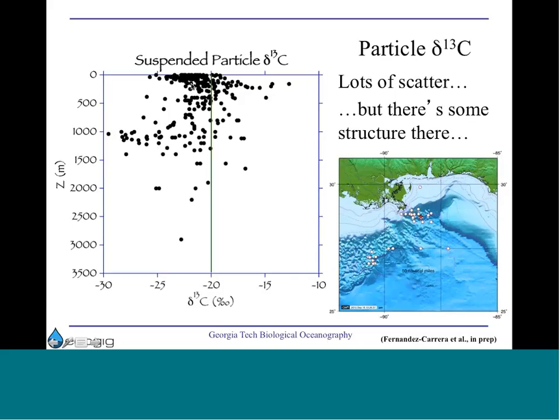As we go down through the water column, you can see a great deal of variability. There's certainly some evidence for low delta C13 particles right up at the surface, which is what we would expect from that pattern that Monty Graham and his colleagues showed. But we also see some rather low delta C13s at depth. A lot of scatter around that typical -20 value.